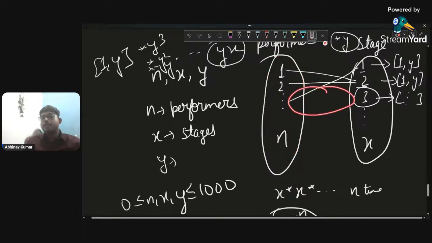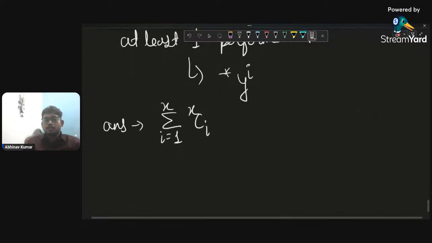After that, we would multiply y to the power 3, because if there are exactly three stages which are assigned some performance, then for all those three we multiply by y. So multiplied by y to the power I is going to occur.